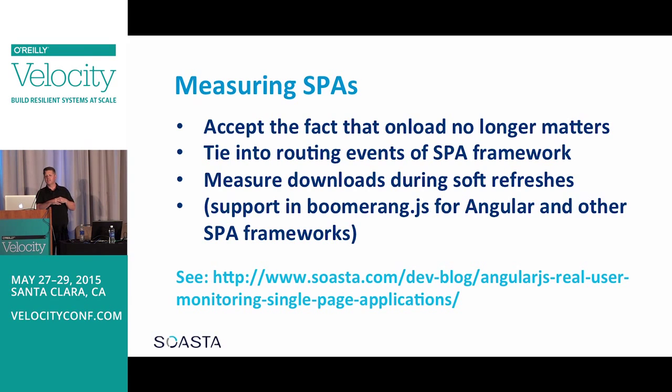And you can look at measuring downloads during those soft refreshes. We've done some work here, and quite a bit more documentation has gone into this. We're looking at Angular, Backbone and Ember and ways to more commonly support that.